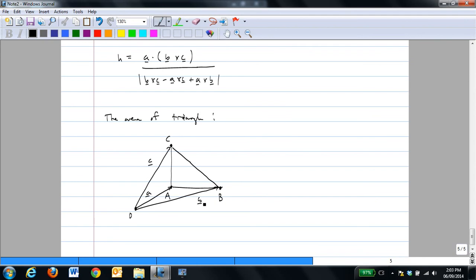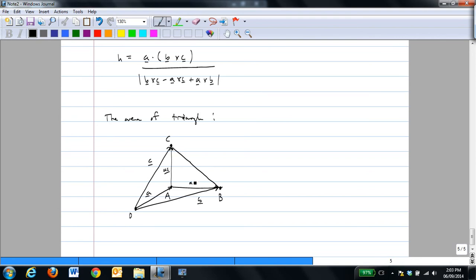The first thing we want to do is find the area. The first thing we notice is the area of the parallelogram. If we take this vector here, which is c minus a, and this vector here, which is b minus a, I'll call this AC, which is c minus a, and AB, which is b minus a.